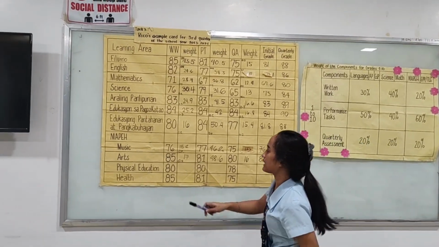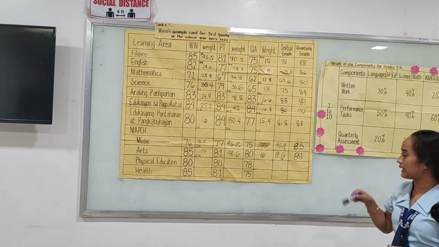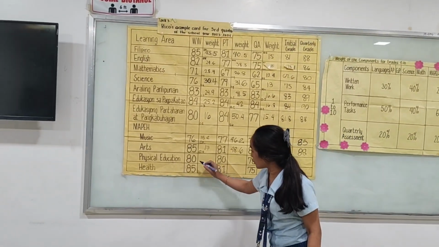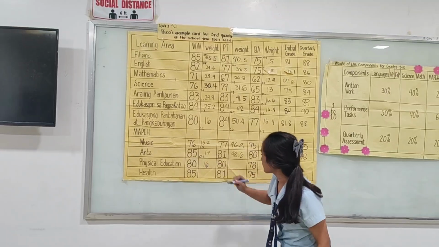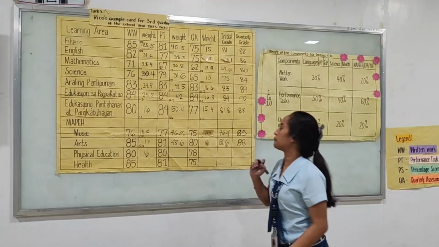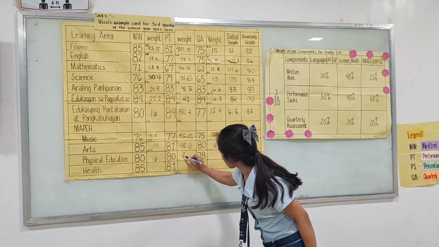So in MAPEH Physical Education, the weight component of the written work is 20%. So 0.2 times 80 equals 16. So 80 times 0.6 is 48.